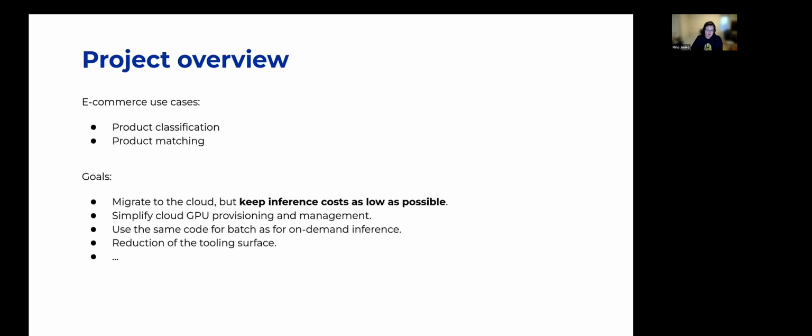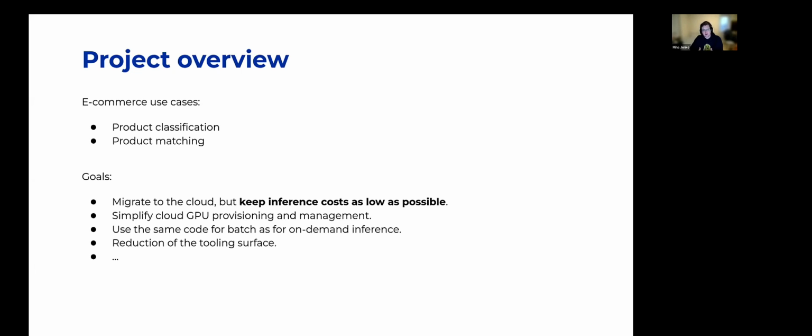Just a quick project overview, what we were doing. So Heureka Group does e-commerce, and there's a few use cases there. These are typical classical e-commerce use cases. One is product classification. So you have information about the product, and you need to put it in some kind of category, just so that you have a nice catalog of products presentable and available on your websites.